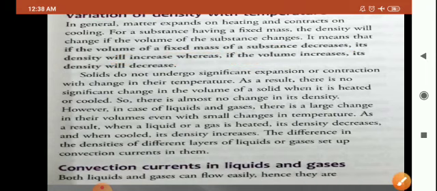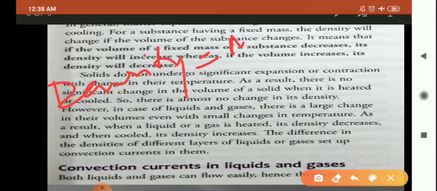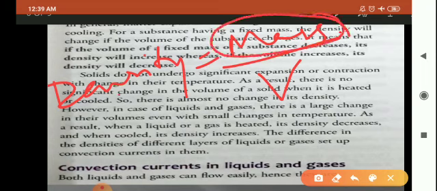Now children, I will explain this in a very simple manner. You all remember the formula for density, that density is equal to mass upon volume. So if we take mass constant, there is no change in mass, can we find any relation between density and volume?